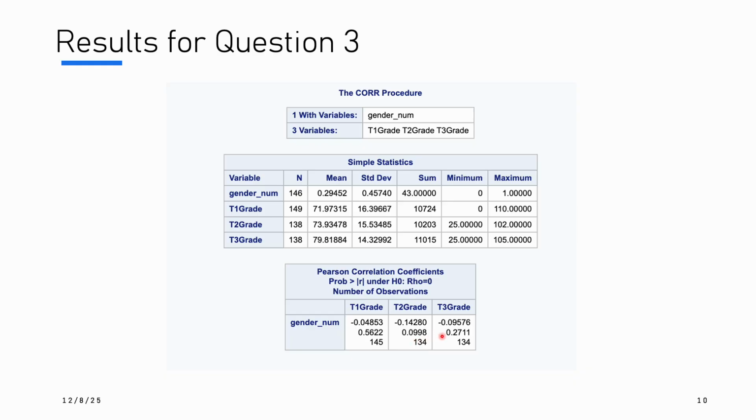And our final p-value was 0.72711. All of these values were greater than alpha, which is equal to 0.05, which was our tested level of significance.